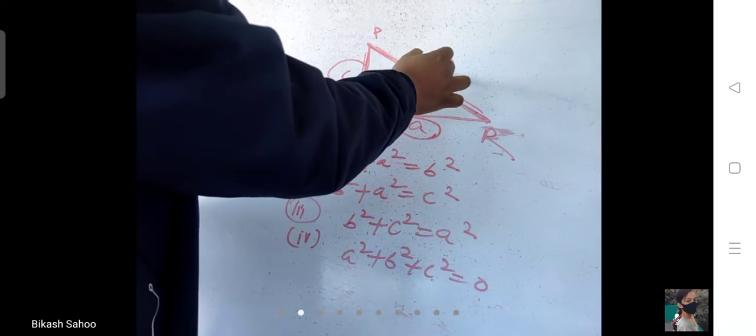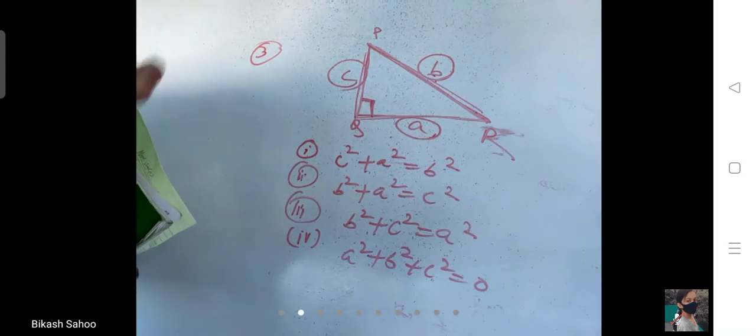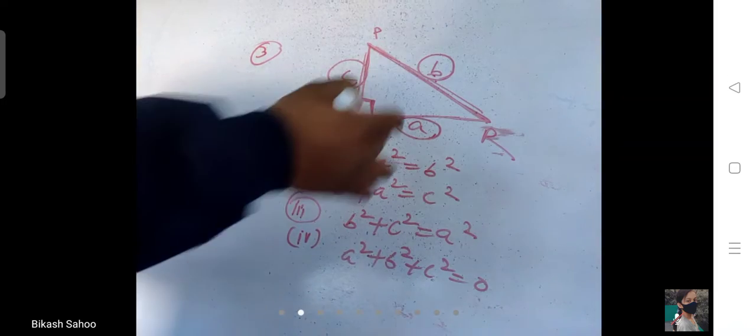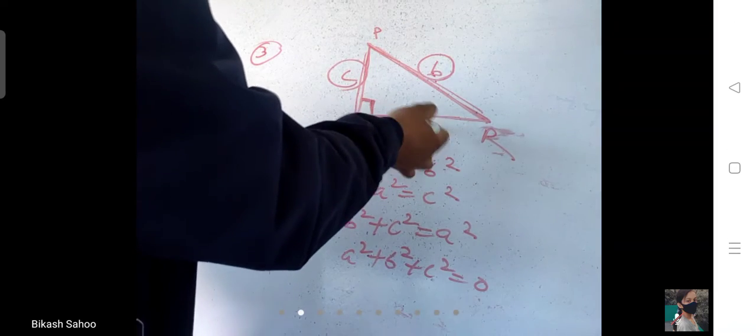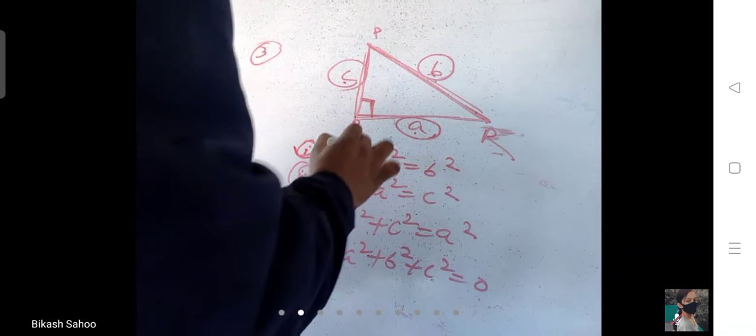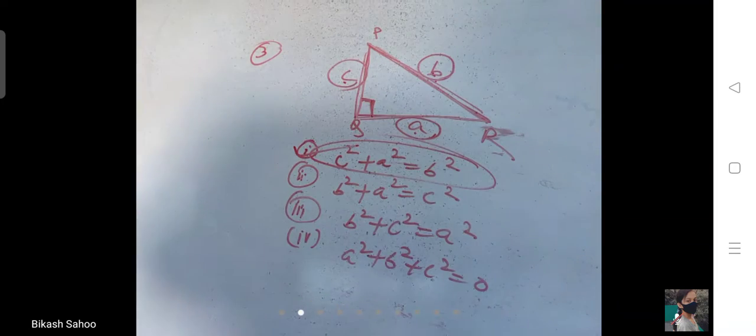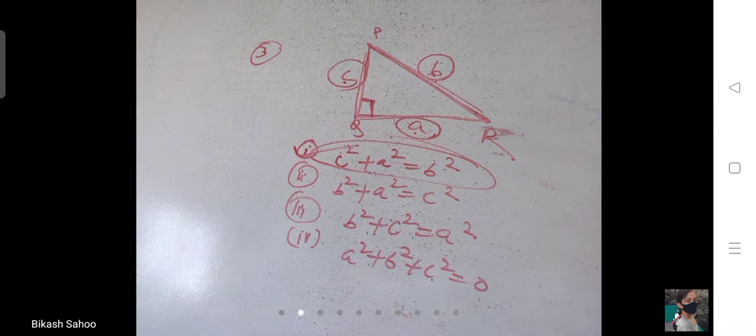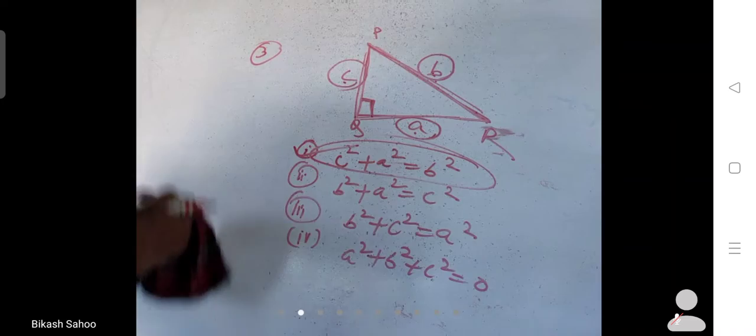So b is the longest side of the right angle triangle. So b square is equal to a square plus c square. That is, option number 1 is correct: c square plus a square is equal to b square. Okay, understand or not?